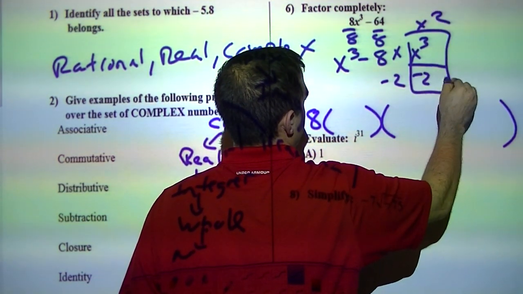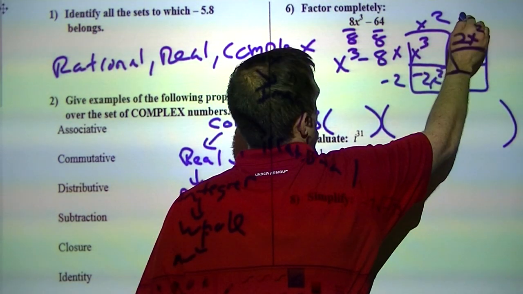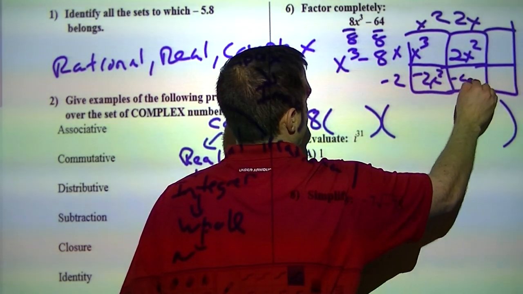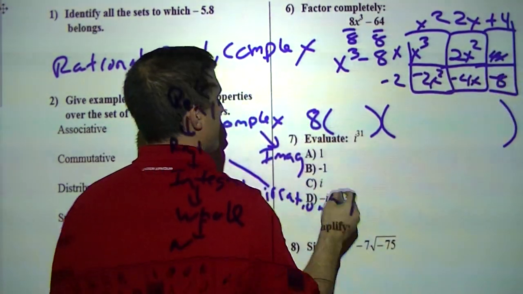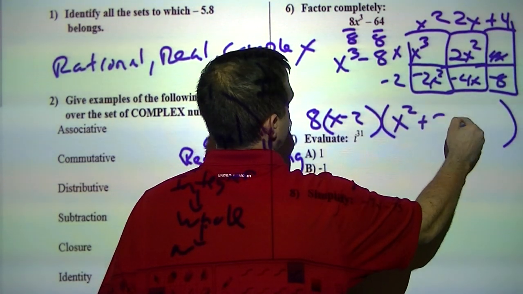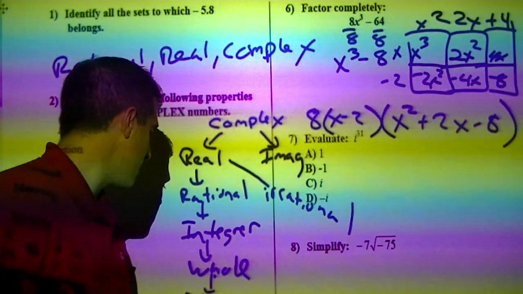That's going to be negative 2x squared. I need a positive to cancel those out, so that would be 2x, which makes that negative 4x. This is positive 4x. That would have to be 4, negative 8. So my factors are x minus 2 and x squared plus 2x minus 8. These evaluate.